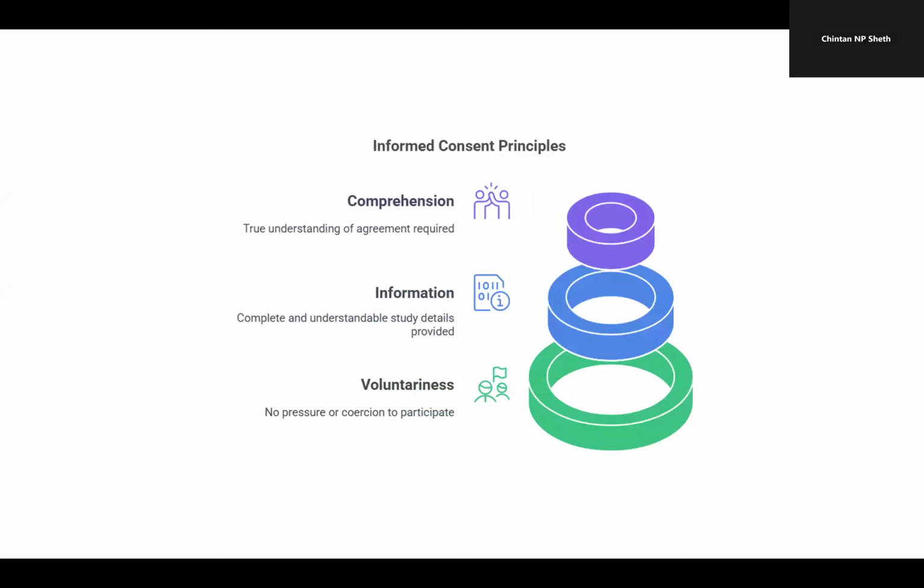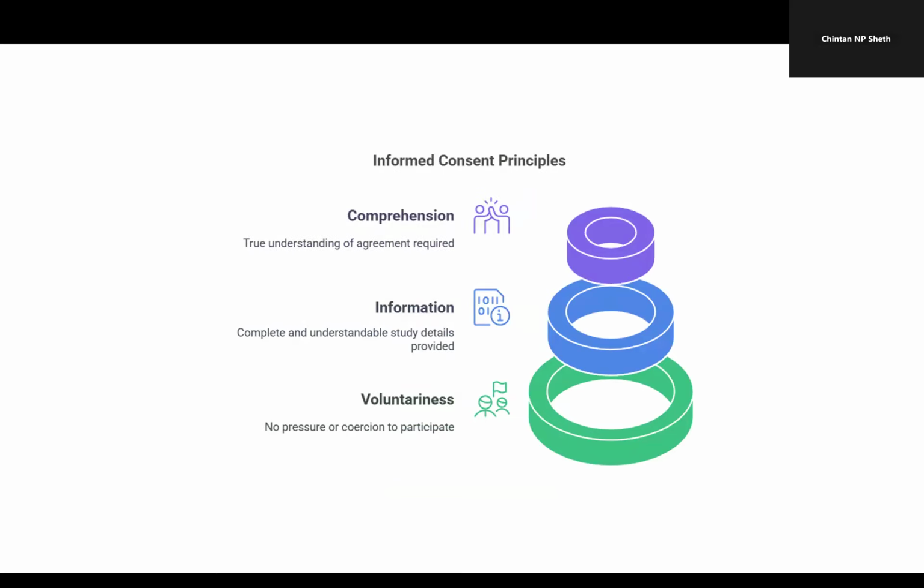Let's jump into the principles of informed consent. There are three basic principles that govern informed consent. The first one is comprehension. As the name suggests, comprehension is the foundation for any informed consent.